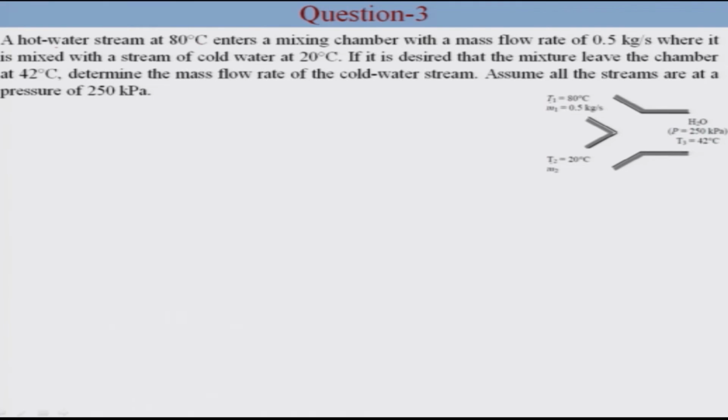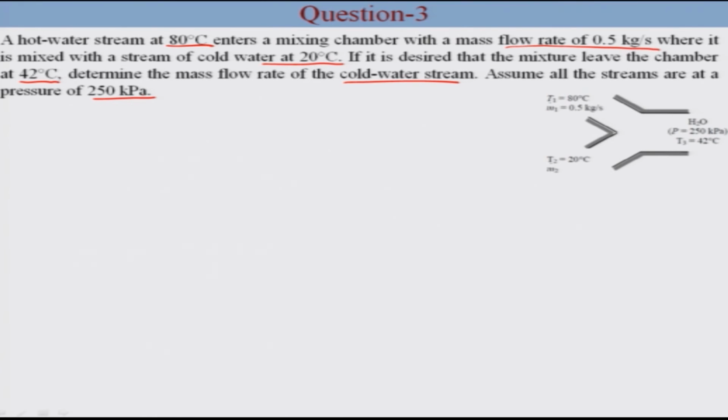A hot water stream at 80 degree centigrade enters a mixing chamber with a mass flow rate of 0.5 kg per second, where it is mixed with a stream of cold water at 20 degree centigrade. It is desired that the mixture leave the chamber at 42 degree centigrade. Determine the mass flow rate of the cold water stream, assuming all the streams are at pressure of 250 kilopascal.